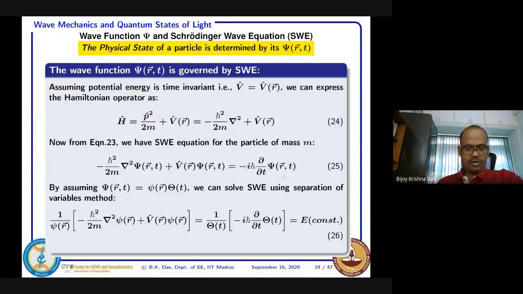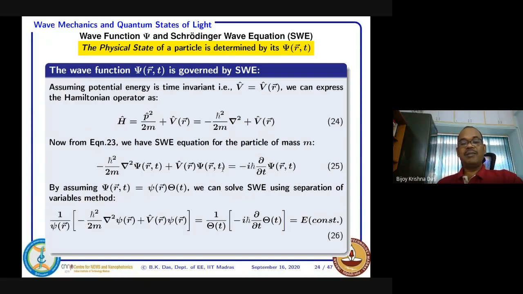So now we need to solve this equation. Ultimately, we need to know what is the nature of psi. Keep in mind that psi is a function of r and t, and you can get a solution of this equation. This is a second order differential equation, and a partial derivative is there with respect to time.